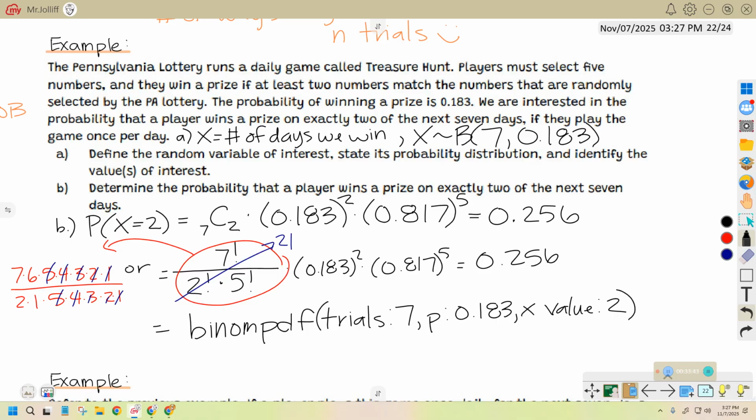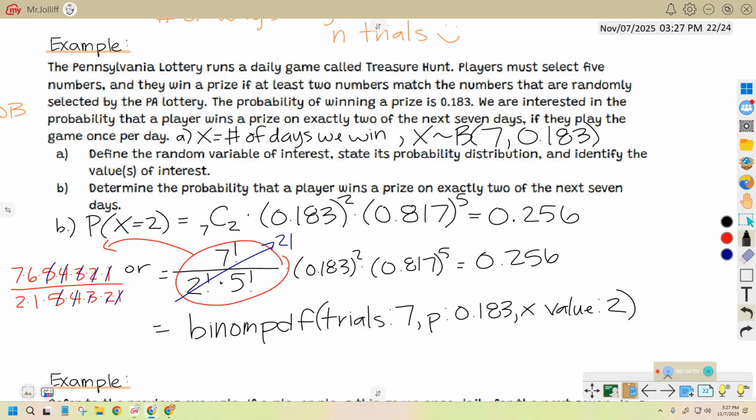When you write it on your test, you need to include the labels. You cannot just write 7, 0.183, 2. Write the labels. Yes. And when you do that, what do you get as an answer? Yeah, which rounds to 0.256. Exactly. Good.